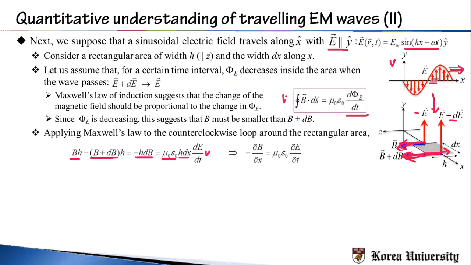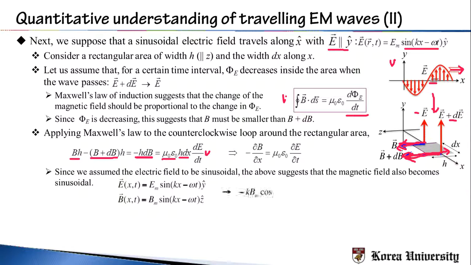Okay, and then similarly to what we had before, you move this dx to the other side of the equation and write it using partial differentials. This time you are taking the positional derivative of the magnetic field and the time derivative of the electric field, which is opposite to what we had before.